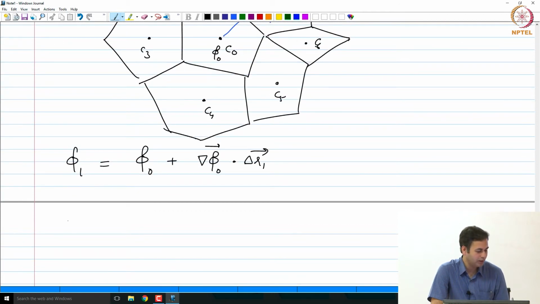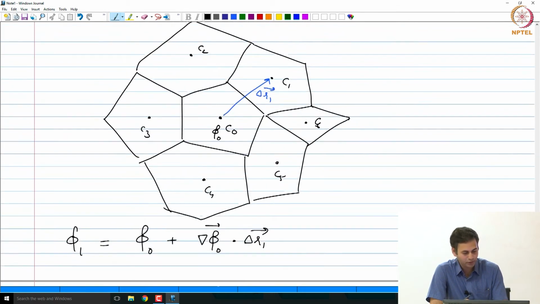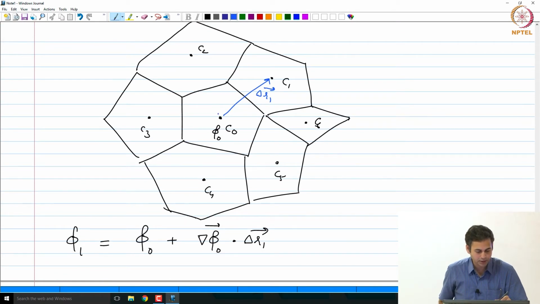What about phi at 2? Can I obtain phi at 2 from phi 0 and the gradient? I can, right? Phi at 2 would be phi 0 plus grad phi 0 dot delta R2 bar, in which case I have to define delta R2 bar as the line connecting C0 and C2, right, and so on.